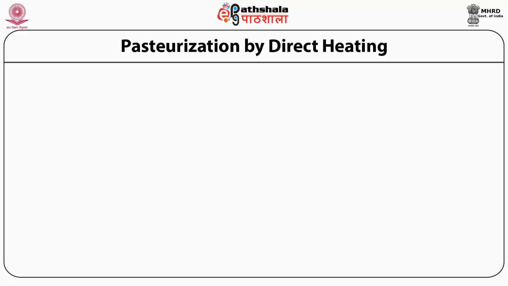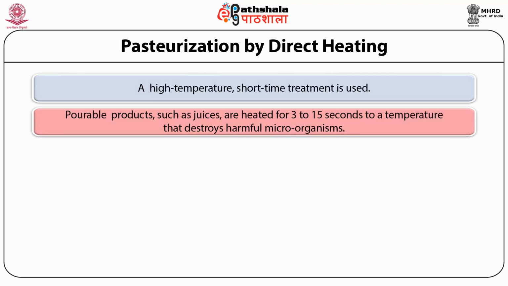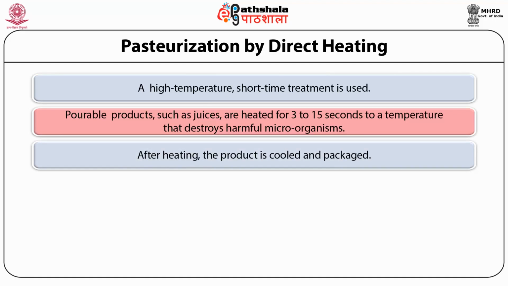Pasteurization by heating involves a high temperature, short time treatment in which pourable products such as juices are heated for 3 to 15 seconds to a temperature that destroys harmful microorganisms. After heating, the product is cooled and packaged.